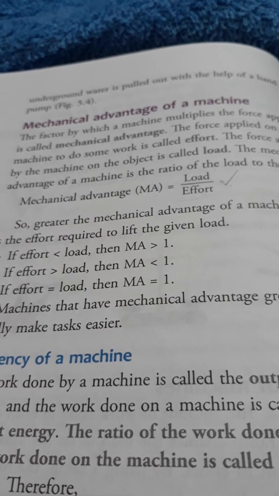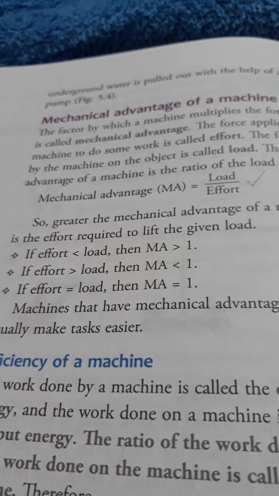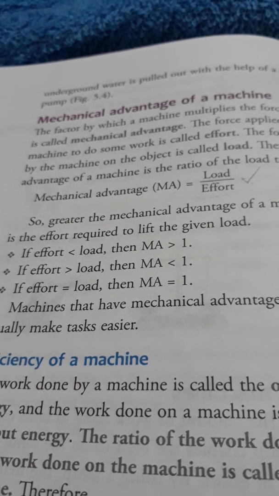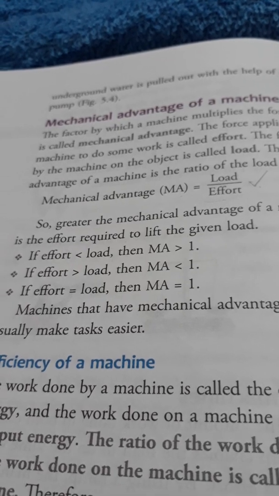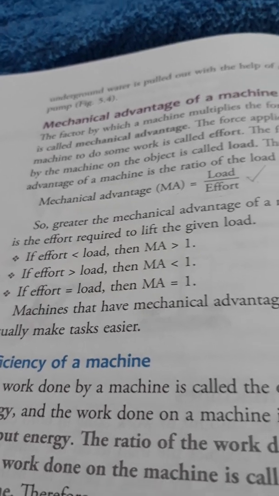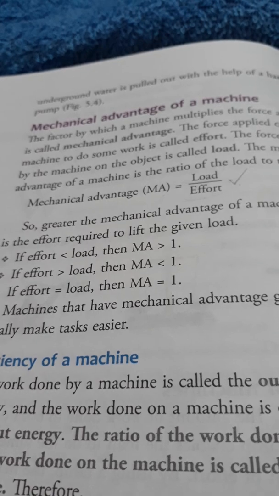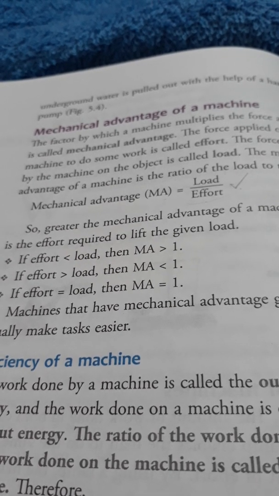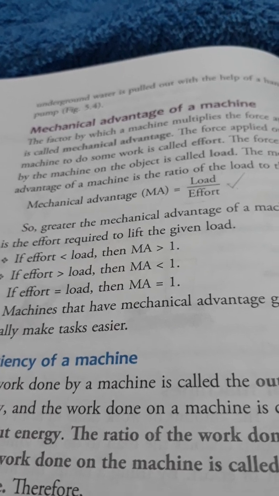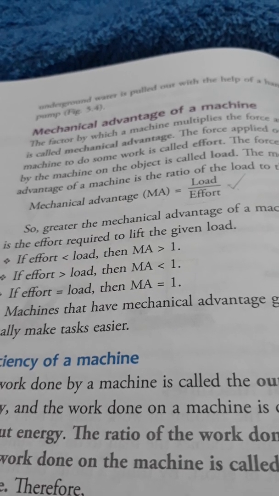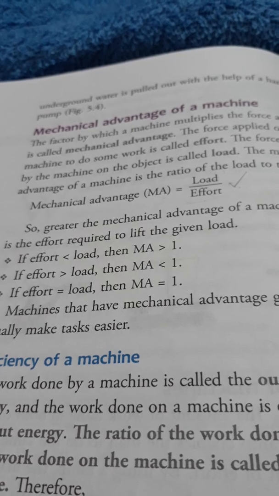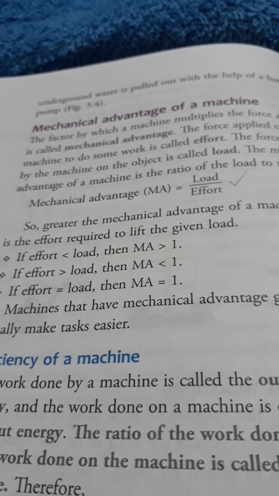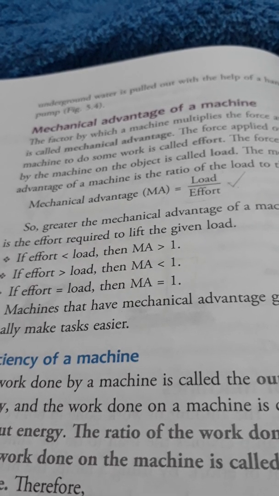Suppose the effort applied is less than the load to be lifted or moved, then the mechanical advantage is more than 1. If we apply less effort to lift or move a load, then the mechanical advantage is more than 1.